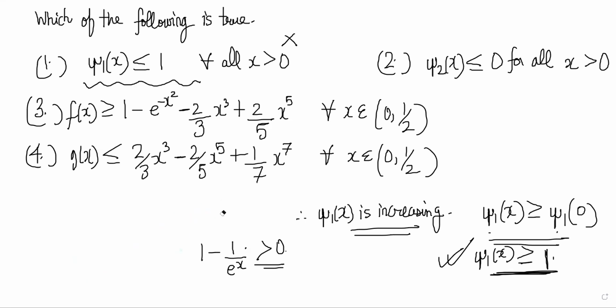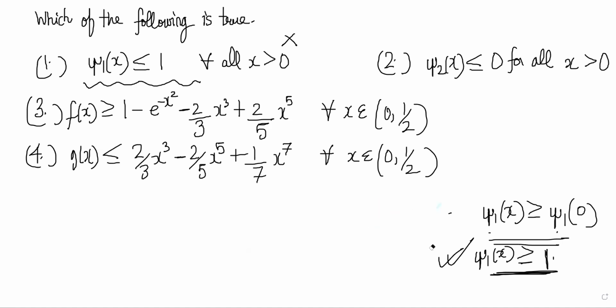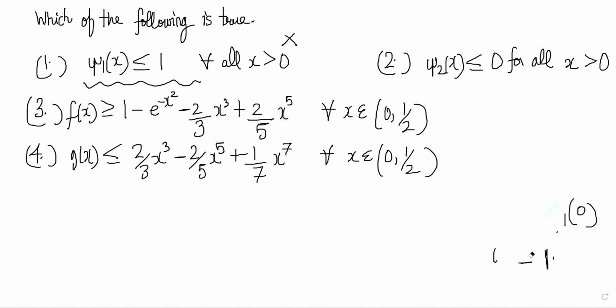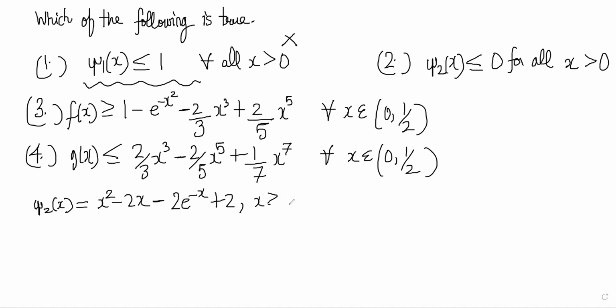Option 2 can be checked in an exactly similar way. Just find out the nature of the psi2 function, and take the derivative of psi2. We had psi2 x equal to x square minus 2x minus 2 e power minus x plus 2 for x greater than or equal to 0.